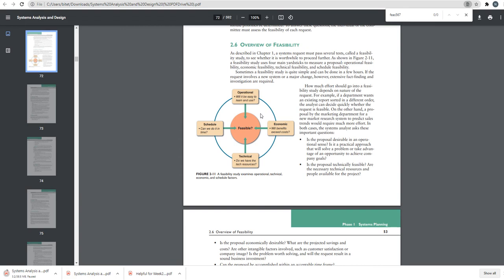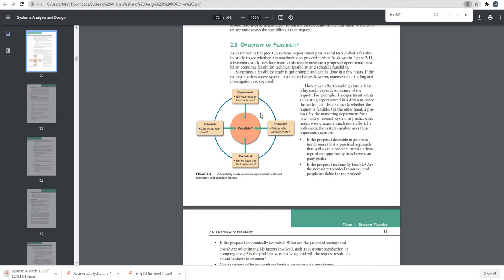If any of the feasibilities, operational, economic, technical, or schedule, is not possible, then it will be difficult for the system to continue with further progress. We are supposed to make enough changes to further evaluate the feasibility study and ensure that all the 4 types of feasibilities are possible.